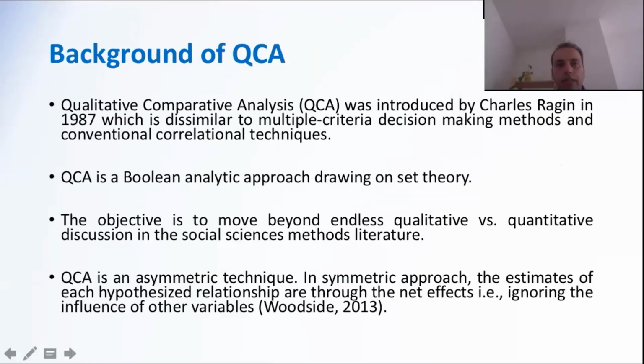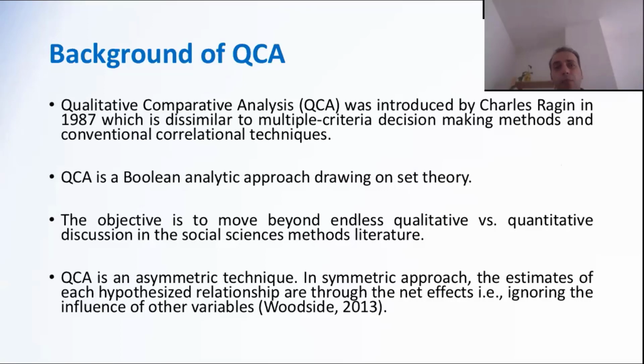Okay, let's talk a little bit about the background of qualitative comparative analysis. It was introduced, as I said, by Charles Ragin in 1987, which is dissimilar to multiple criteria decision-making methods and traditional methods such as multi-regression analysis and structural equation modeling.